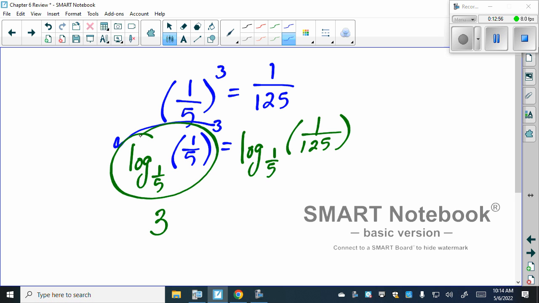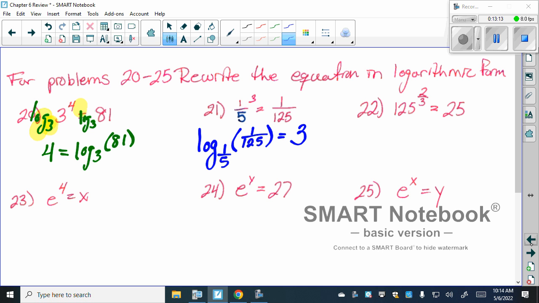And log base 1/5 of 1/5 is? Make more sense? But that's all we're having to do, because we could do the little bit of the switch method that we've done before. That works just fine. Or you can look at it this way here. Either way still gets you to the same answer. Any other questions on these first three?